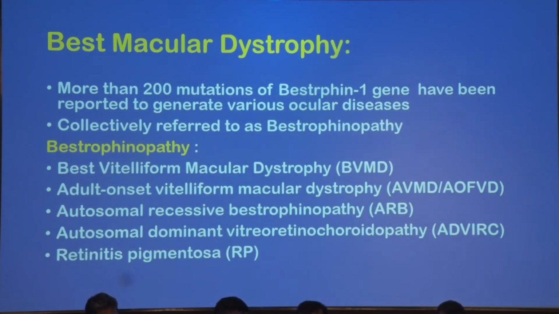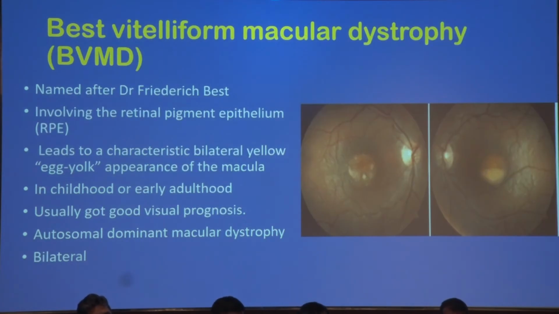So let's talk about Best macular dystrophy. More than 200 mutations have been described, collectively known as bestrophinopathy. It varies from Best vitelliform macular dystrophy to retinitis pigmentosa. It's caused by a mutation in the BEST1 gene, and when the patient comes with the classical picture, we don't tend to miss it.